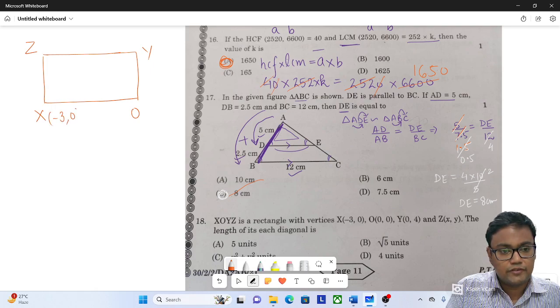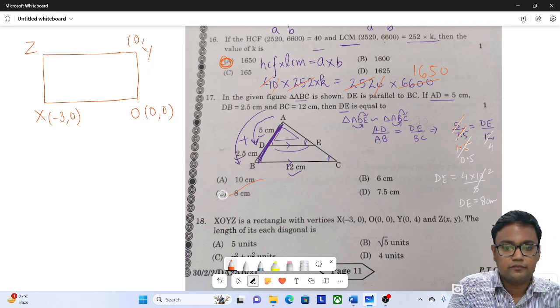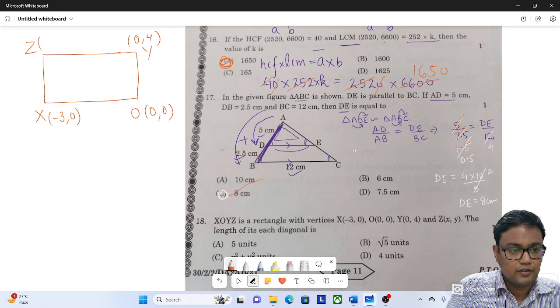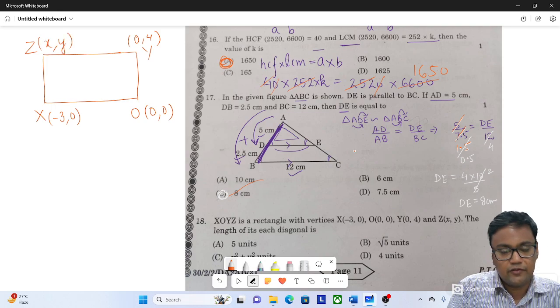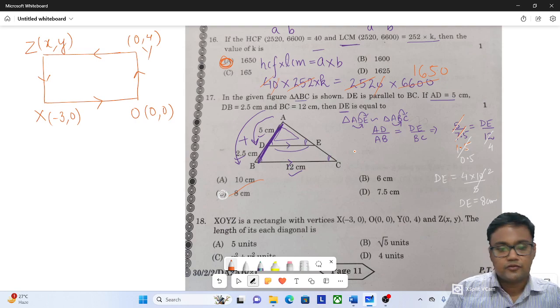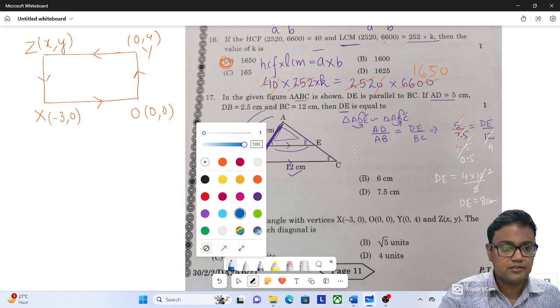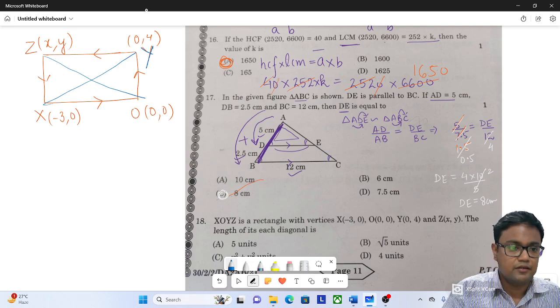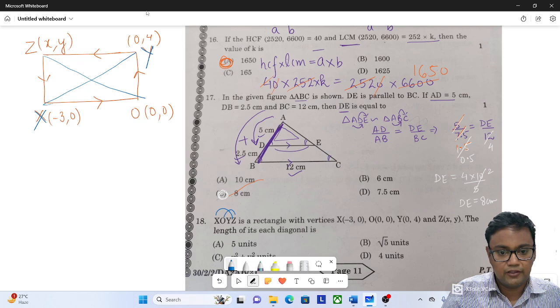The coordinates of X are -3, 0, 0, 0, 0, 4 taken in order. You have to take the coordinates in order. It is a preliminary lesson which you must have learned in the coordinate geometry chapter 7 of your book, that coordinates are always taken in order: Z to O, O to Z, O to Y, Y to Z, Z to X. So, the diagonals are XO and ZO. XY, sorry, not XO, XY, alternate letters, right?